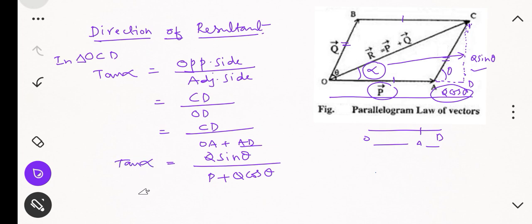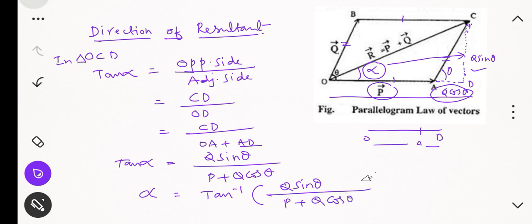From this we can obtain alpha, the angle made by the resultant with the vector, as alpha is equal to tan inverse of q sin theta divided by p plus q cos theta.